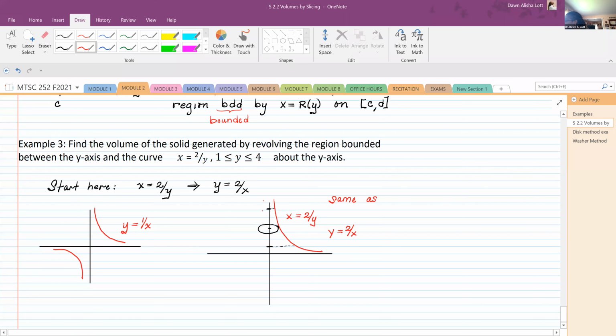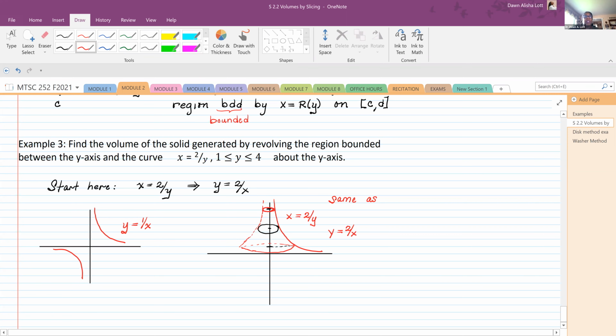And here it is on the other side. So I am trying to find the volume of this thing.